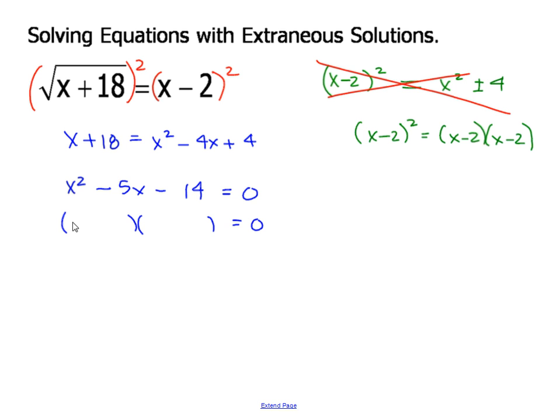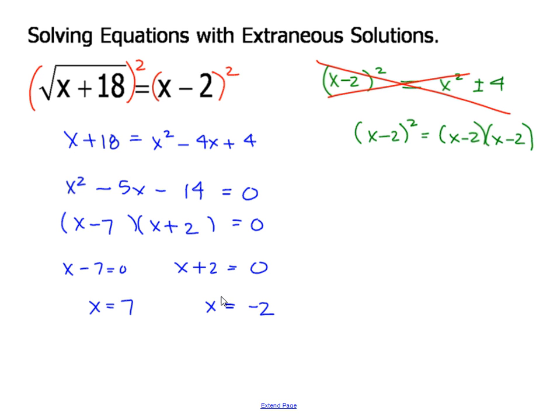So this would factor into x minus 7 and x plus 2. Now I can set each factor equal to 0 and solve. So if I set this equal to 0 and this one equal to 0, that's going to give me 2 answers. Remember, anytime you have an equation with an exponent, the exponent tells you how many answers you should have. So I get that x equals 7 and x equals negative 2.